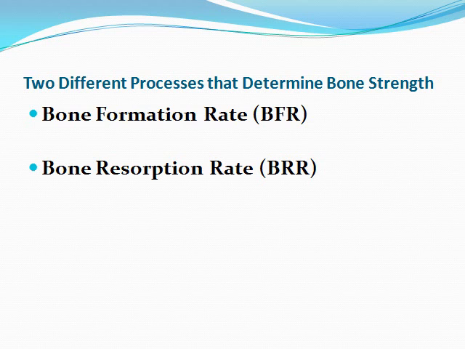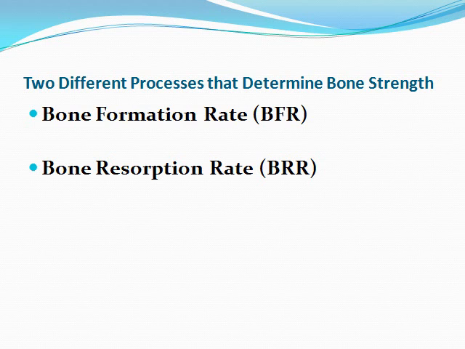Now, normally there is a coupling of these two processes so that the bone formation rate basically equals the bone resorption rate. The net effect is that when bone is resorbed, it is repaired by bone formation, and so you end up back with normal bone.